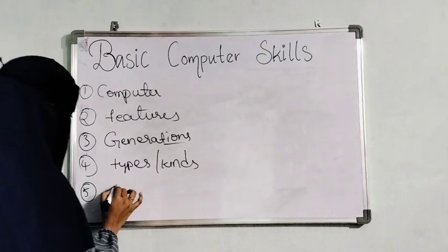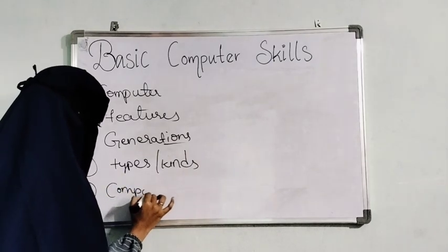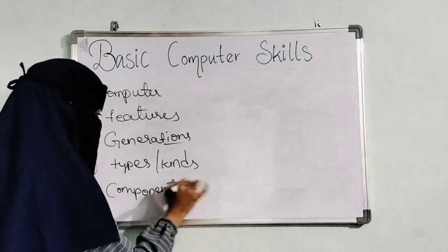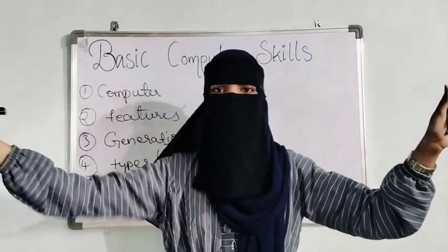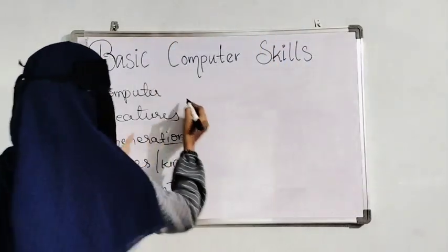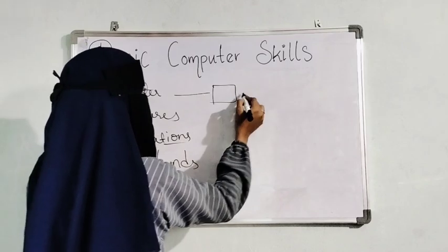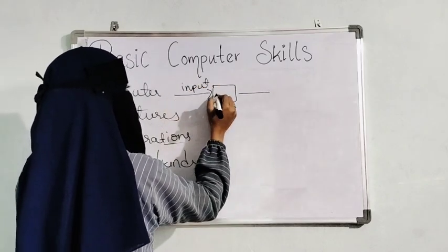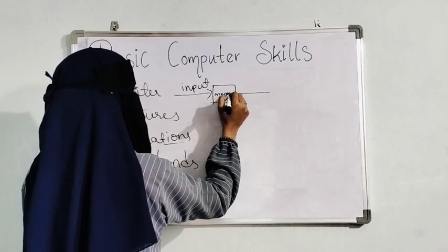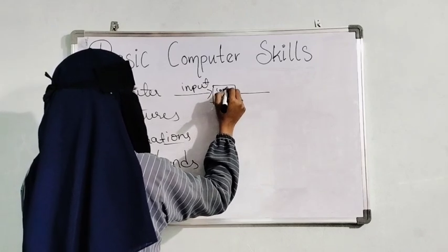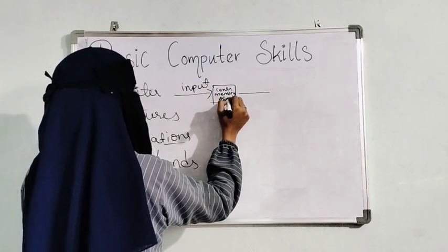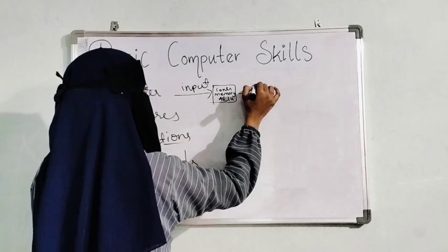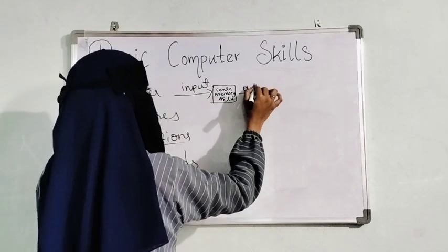Then after this, the components. What are the components, children? Input, computer, output. Yes, yesterday I told you: input, computer, output. This is input. Here memory will be there, control unit, arithmetic and logical unit, output.